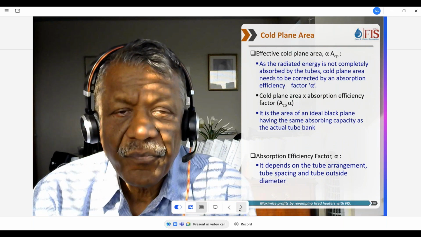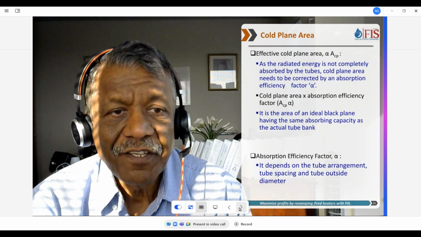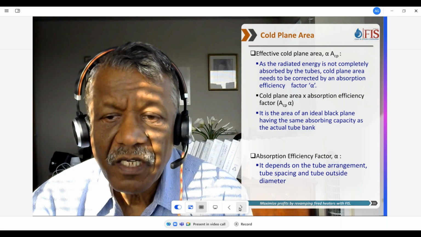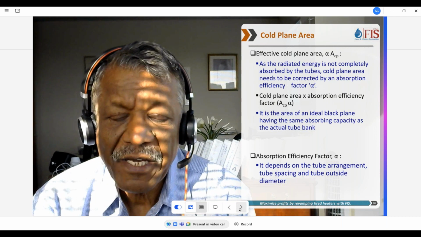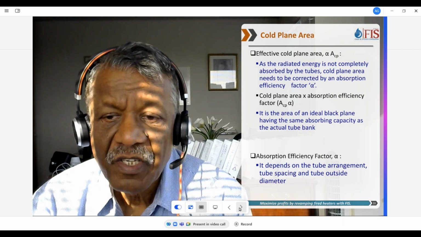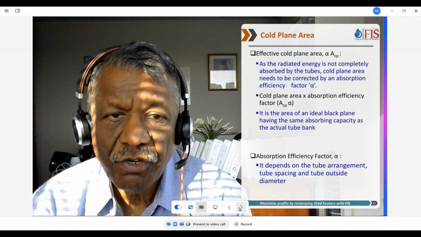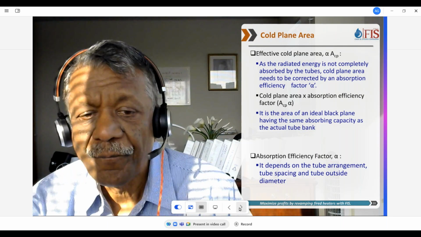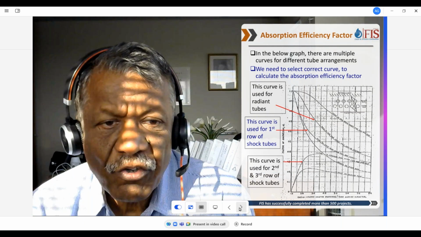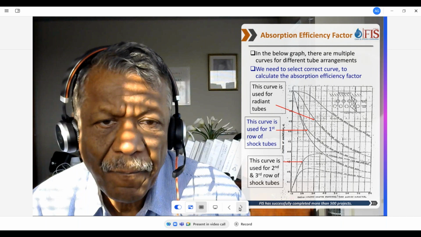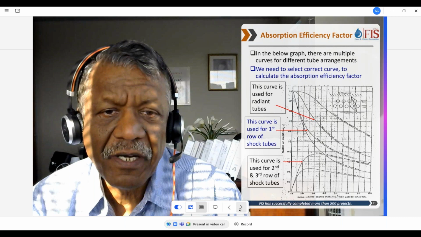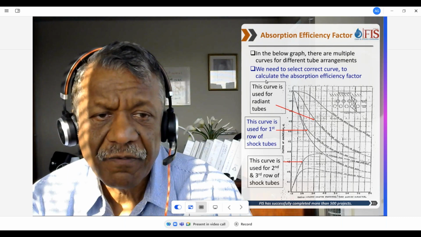So the factor which we are talking about is alpha, which is dependent on the ratio of tube spacing to the diameter. Based on that, they came up with a factor, and that factor is used for calculating alpha. So this chart, I don't know how many of you have seen it, and it is giving multiple of these, but let us focus on the first one.